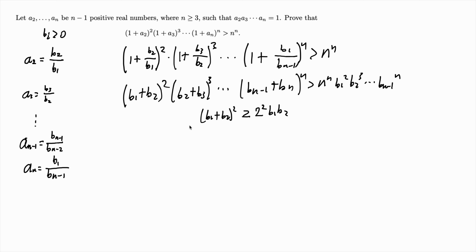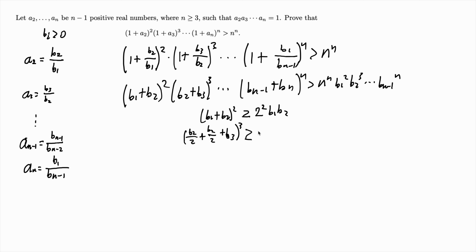And for b sub 2 plus b sub 3, let's split them. Why not b sub 3? We can just use b sub 2, maybe because we might have to split b sub 3 later.